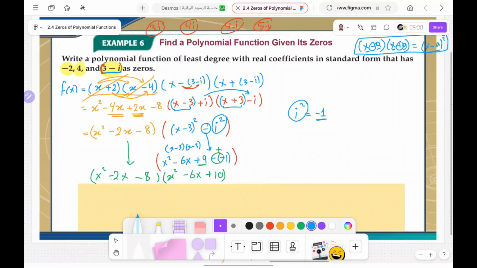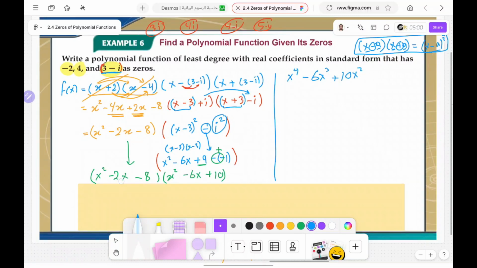Let me erase this so we have space. So x squared times x squared is x to the power 4, and x squared times -6x is equal to -6x cubed, x squared times 10 is 10x squared.